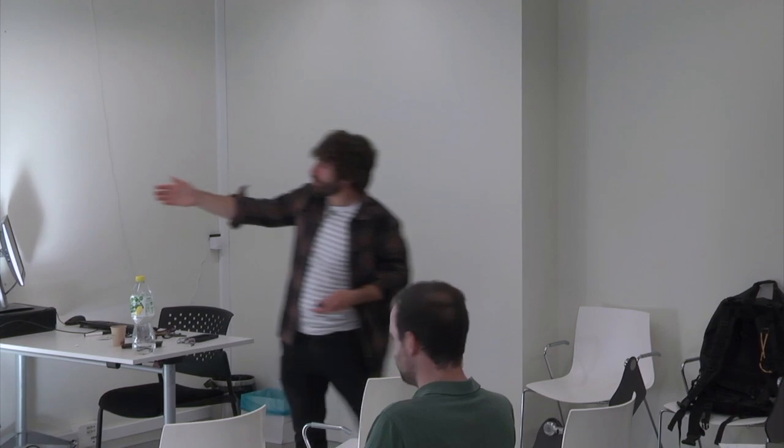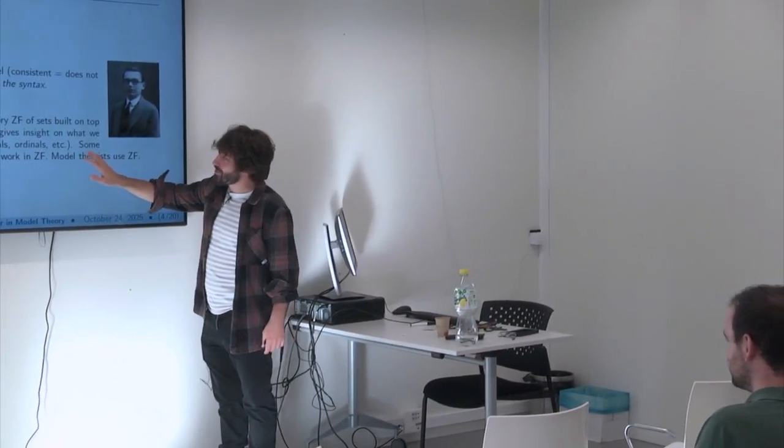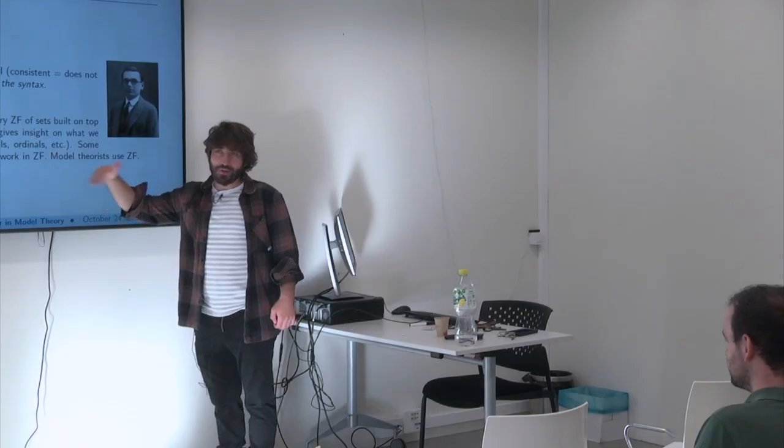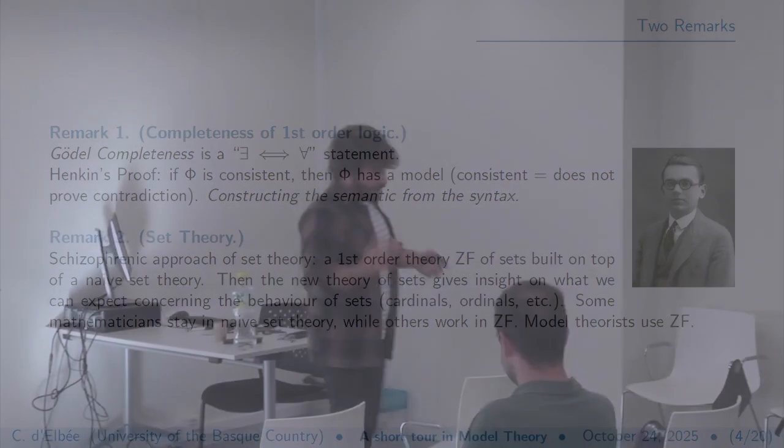So it's not ZF for its foundational aspect that we need. It's ZF for the tools that it actually defines. Ordinals, cardinals, cardinal arithmetic, this sort of thing is used a lot.